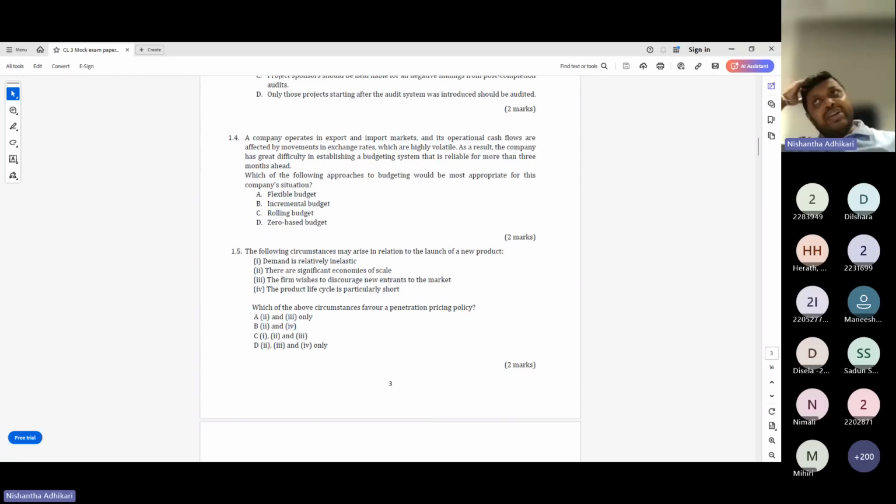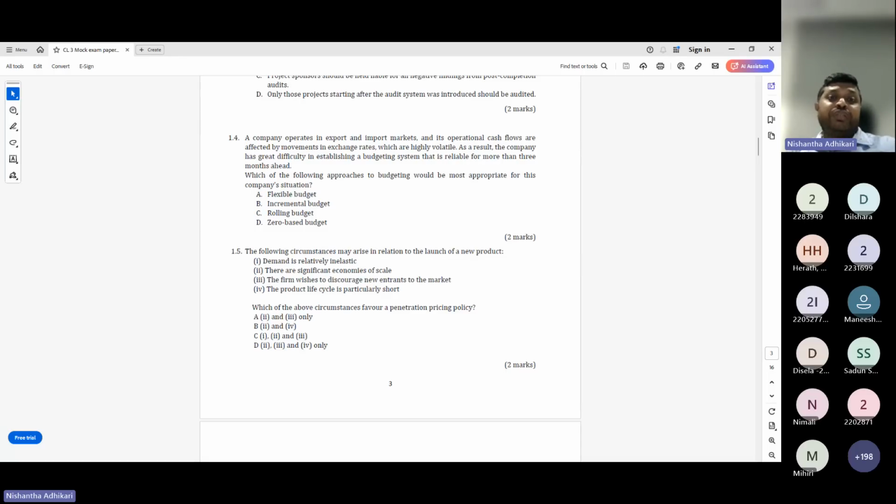Flexible budgeting? No, a flexible budget is a tool we use to control the situation. Based on the actual scenario, you fix the budget and convert it into a flex budget to reflect the current situation. Incremental budgeting? No, you add percentages to last year's figures to prepare the current year budget. Rolling budget: based on recent market conditions, you prepare the rolling budget.